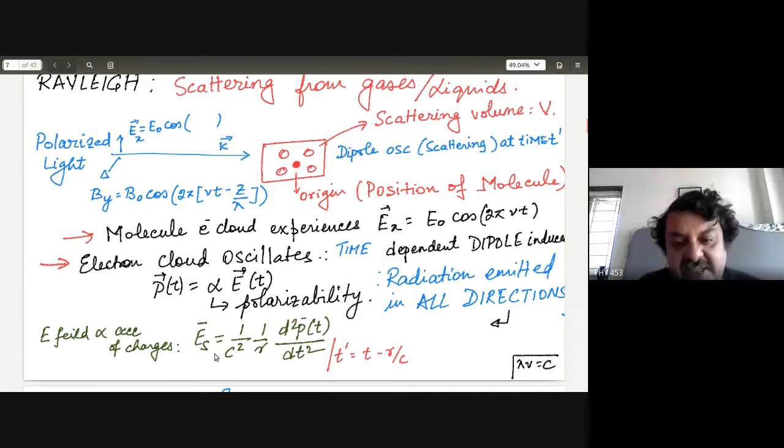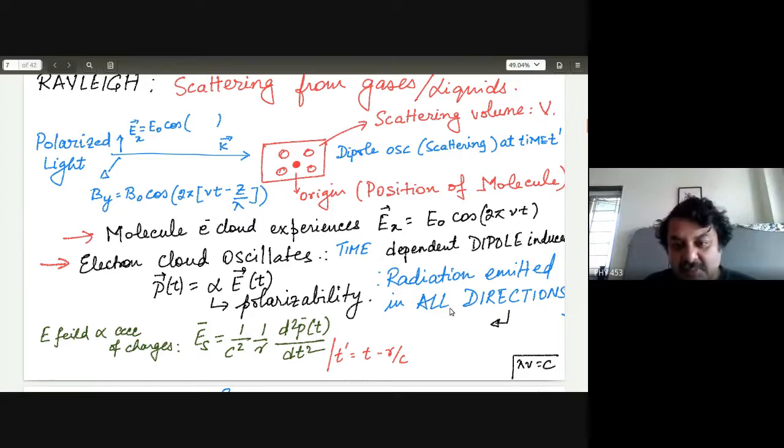The electric field at a distance r will depend on the dipole oscillation at time t dash, which is the current time minus r by c. Here r is the distance from where you are measuring to where the dipole oscillation was taking place at time t dash.